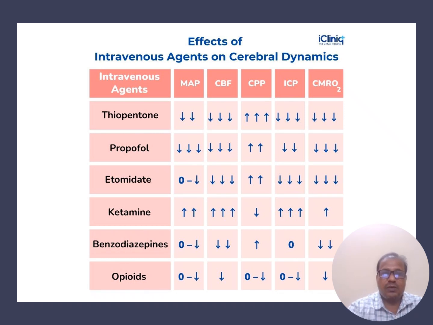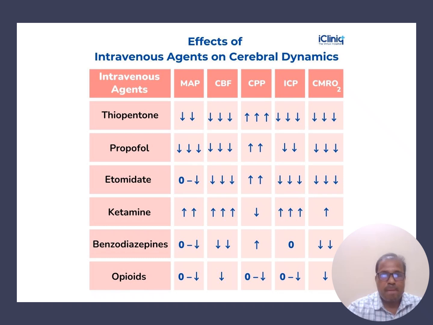In this chart, we can find many induction agents we can use to achieve hypotensive anesthesia, in which dexmedetomidine decreases the mean arterial pressure or may remain normal, and markedly reduces the cerebral blood flow, decreases the intracranial pressure and increases the perfusion pressure.